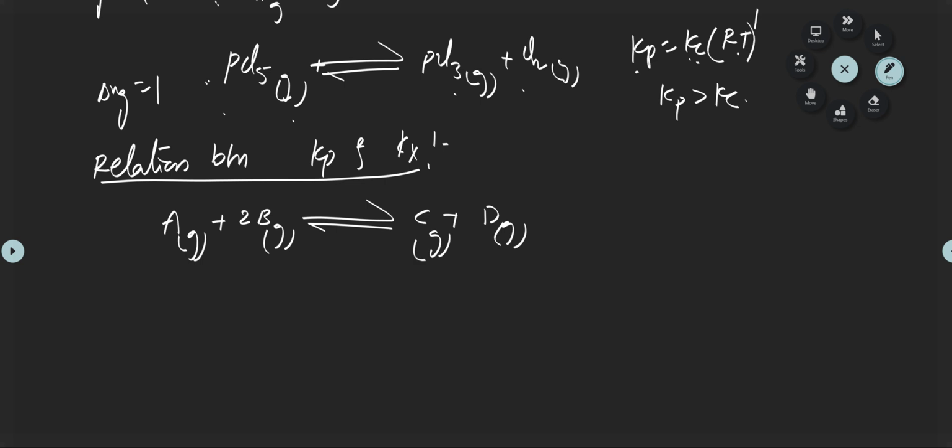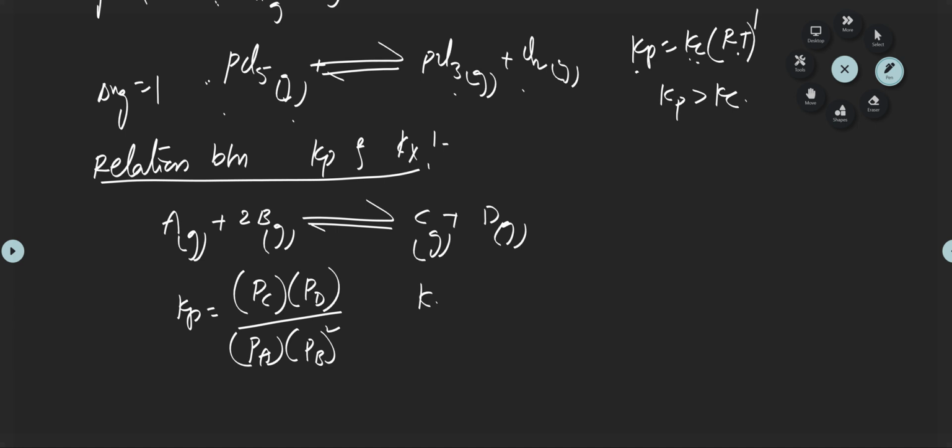Now Kp is equal to partial pressure of C into partial pressure of D by partial pressure of A into partial pressure of B square. Now Kx is equal to mole fraction of D into mole fraction of C by mole fraction of A into mole fraction of B whole square.